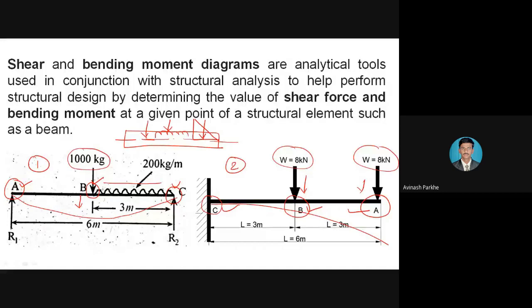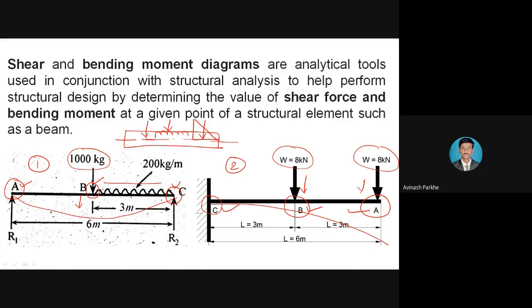Amount means how much load is applied on the beam, whether 10 kilonewton, 20, 30 or 40. And type of load means whether the applied load is a point load, a UDL, or a UVL. Based on this also, the amount of bending is decided.